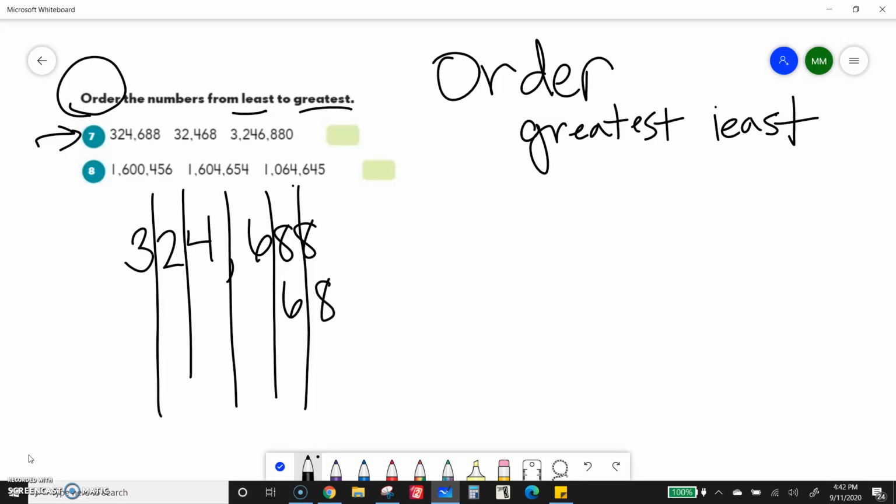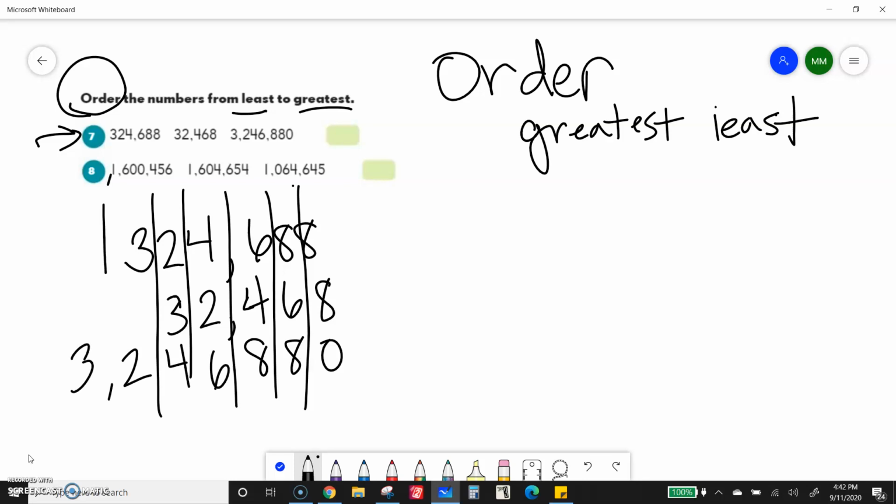I'm going to write 468, so we have 32,468. Then this last one is 880,246, and then 3 million.